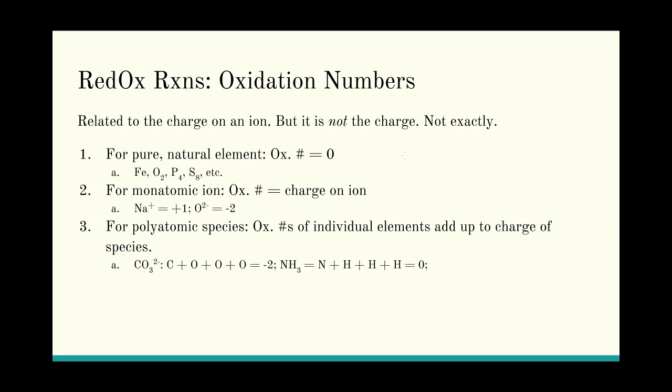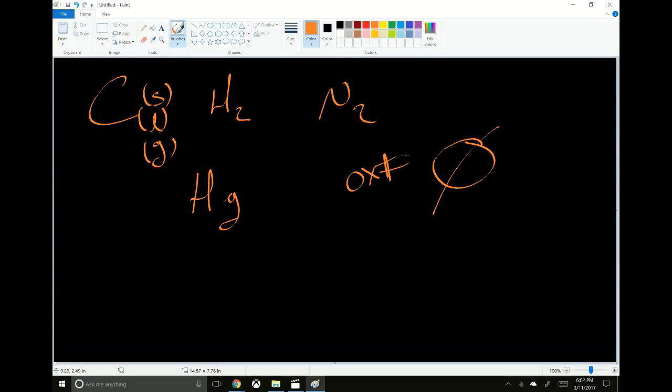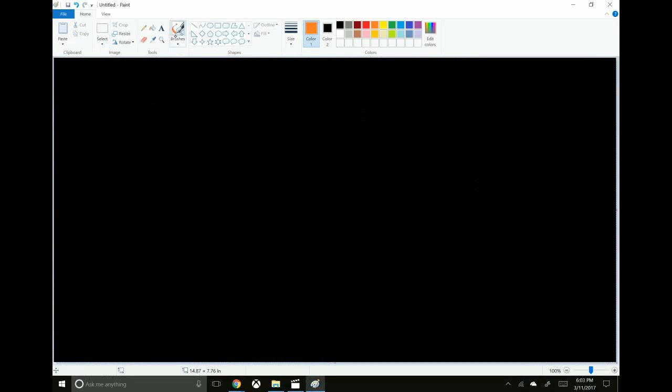It gets a little bit more complicated when you're looking at a polyatomic species. The oxidation numbers on the individual elements have to add up to the charge of the whole compound. So for carbon dioxide, CO2, they add up to 0 because the total charge on CO2 is 0.